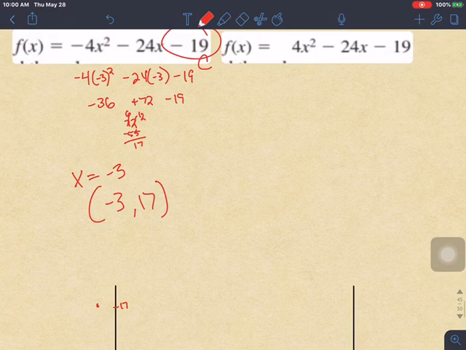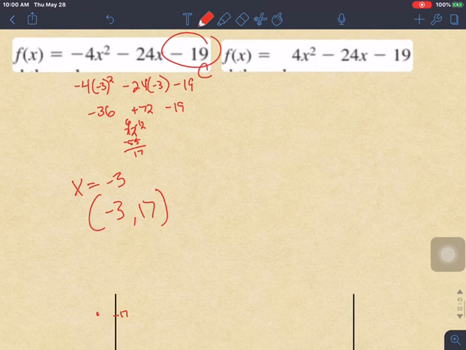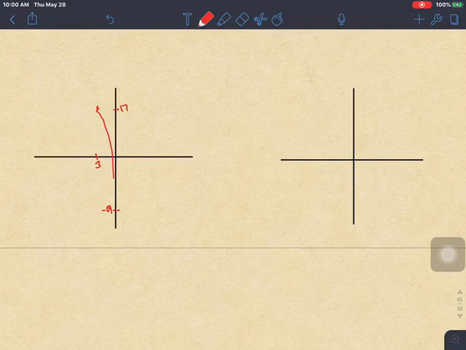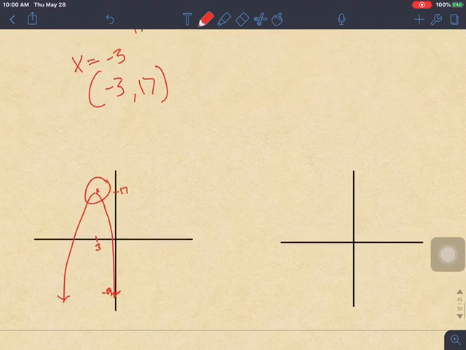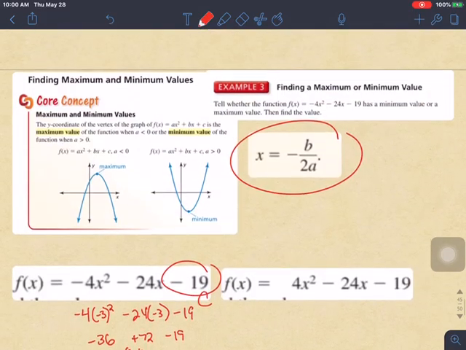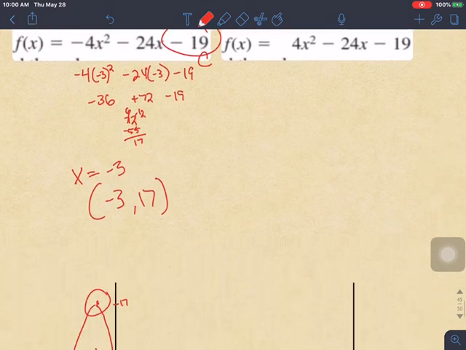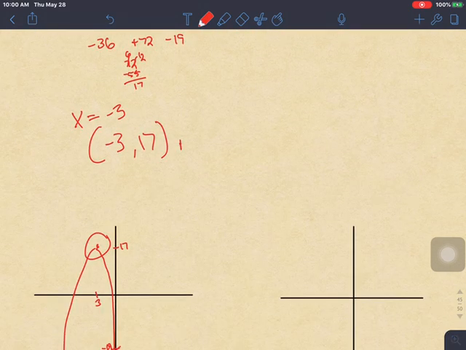From there, it crosses the y-axis way down at negative 19, so this parabola is going down like that. The question is, is that a minimum or a maximum? That is a maximum. That vertex is a maximum.